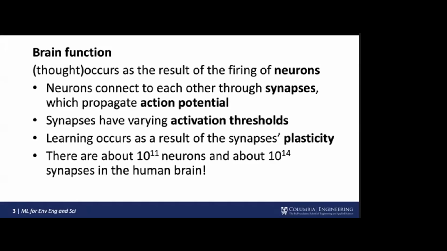When a neuron fires, it sends an electrical signal that propagates through these connections. But not all connections are equal. Some synapses transmit a signal strongly, others weakly. Some require a large stimulus before they activate at all. This idea of an activation threshold is essential. So neurons don't respond linearly to everything, they respond selectively.